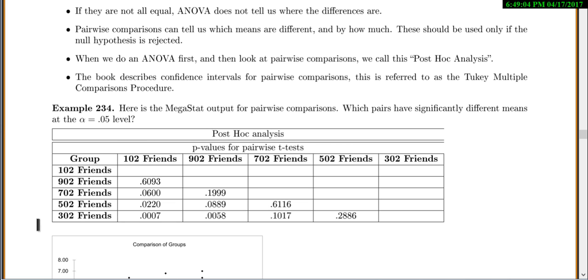So you'll see the way they do this is they set up this comparison. They have each of the groups of friends across the left and across the top, and the p-value to compare each different pair. So all you have to do is you go through and you find any p-values that are less than alpha. So if alpha equals 0.05, we have this 0.0020, 0.0007, and 0.0058. Looks like that's it.